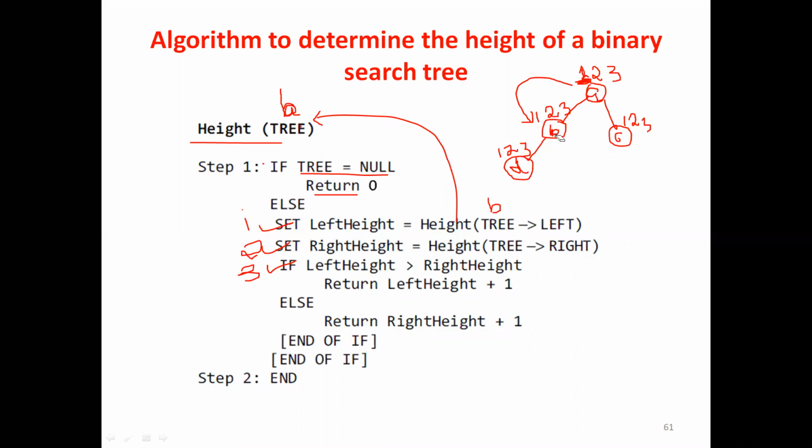The tree is now B. We told that B left is D. B left is this one D, the left child. We are in the first step of the node B.